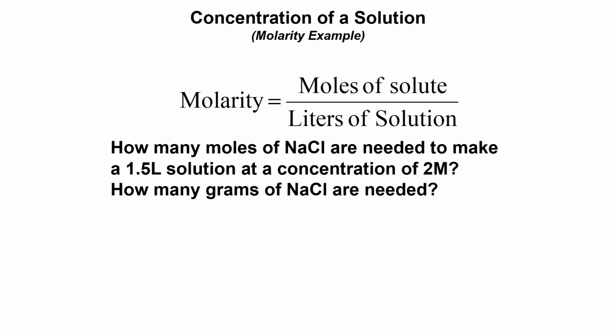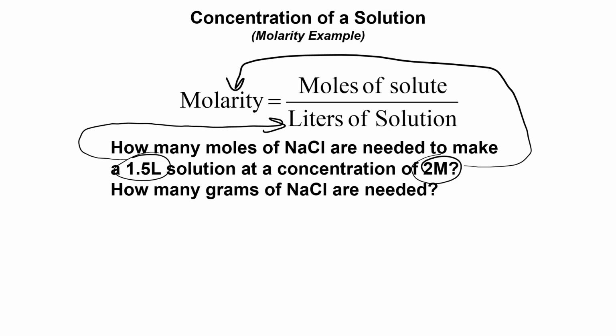So let's look at our givens. Our givens are this 1.5, which is the liters, and this 2 molar, this 2M, is the molarity. So let's plug those values into the equation in the appropriate spot.